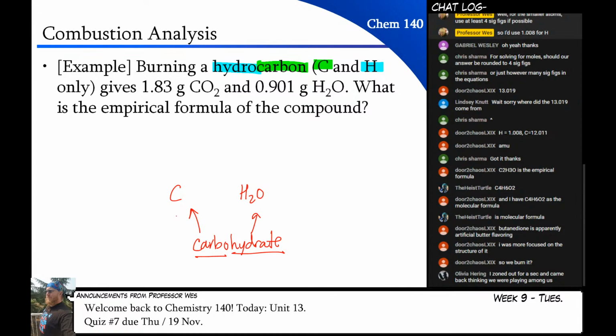So a carbohydrate has carbon, hydrogen, and oxygen in it. But a hydrocarbon has only carbon and hydrogen. So this is just where these terms come from, in case you were curious. They get thrown around a lot in chemistry and biology, and I know a lot of people taking this class will be doing biology. So just some information that might come in handy for you as you continue to learn the jargon. All right, what is the empirical formula of this compound?